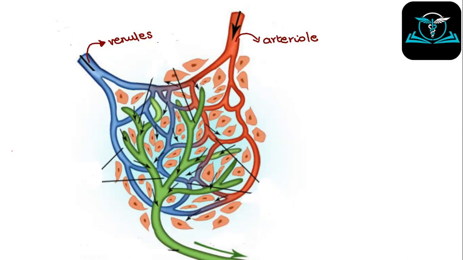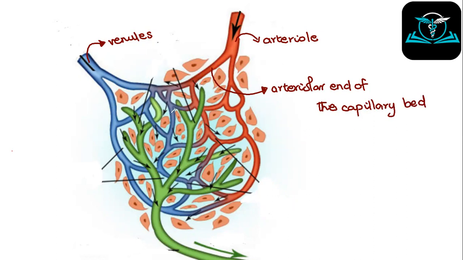The part of the capillary bed which is closer to the arteriole is known as the arteriolar end of the capillary bed. Then we have the part of the capillary bed which is closer to the venule. That is called the venular end of the capillary bed.